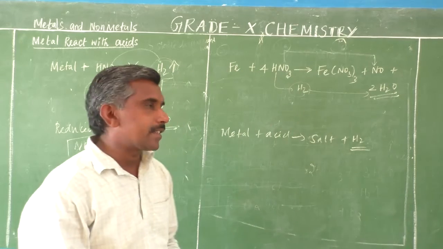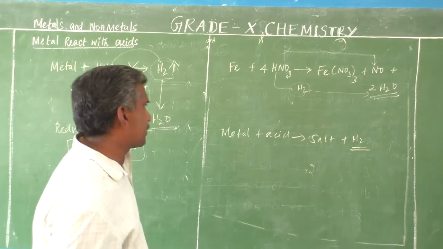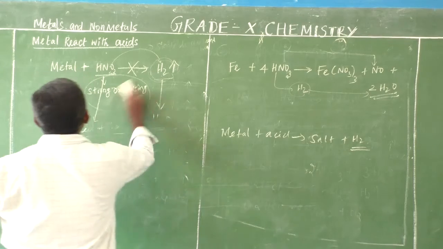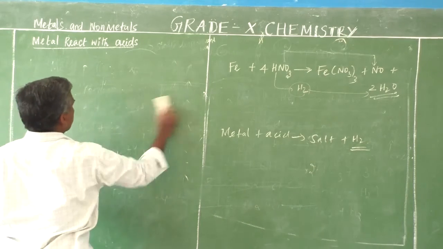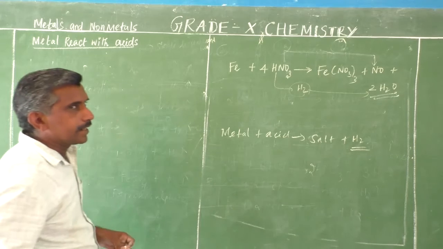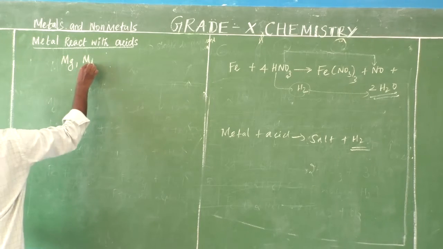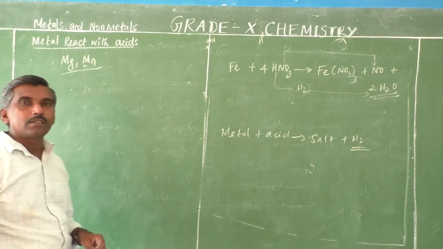Hydrogen gas is not produced, but there is an exception. Some exceptions are very important for hydrogen release. Magnesium and manganese are a great exception.